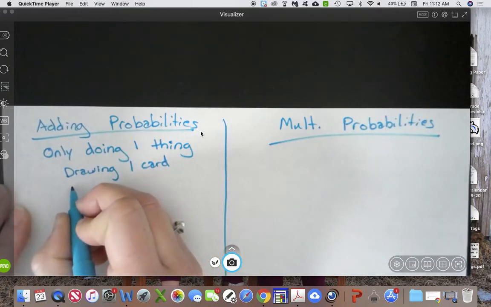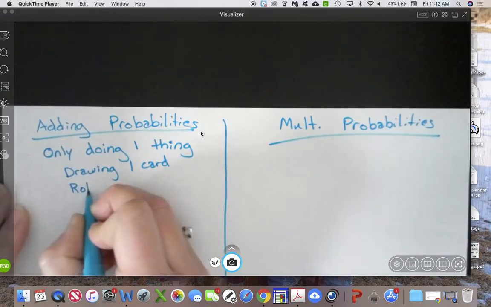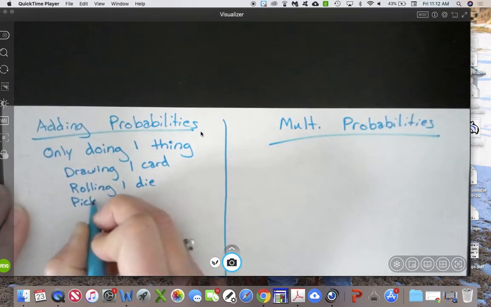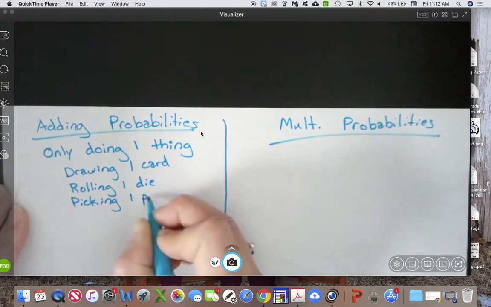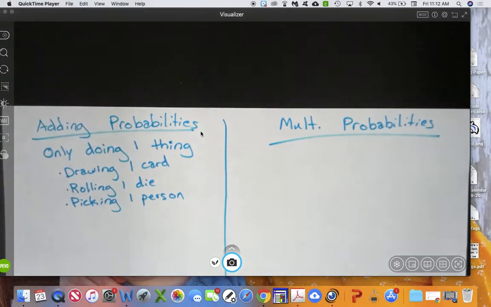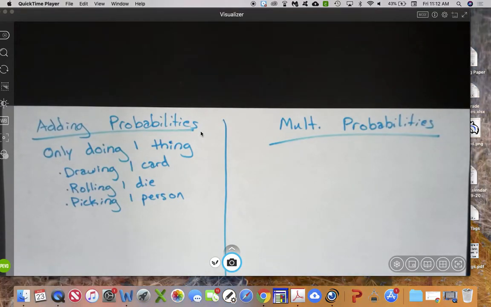You are rolling one dice. You are picking one person. Okay? You are only doing one thing.